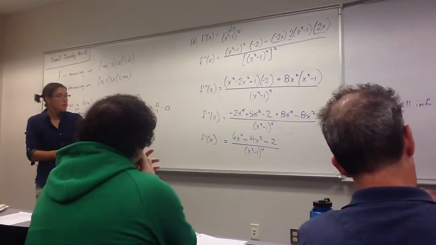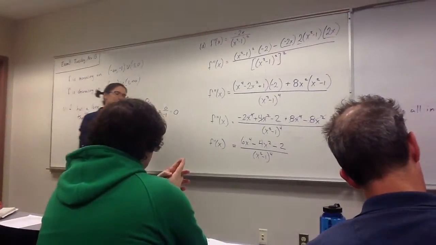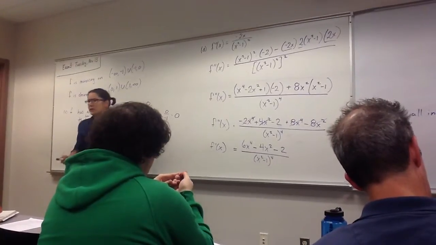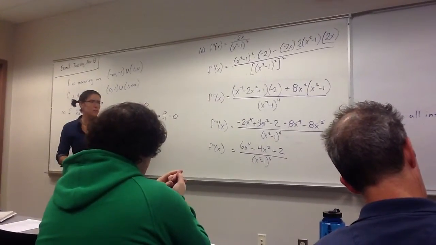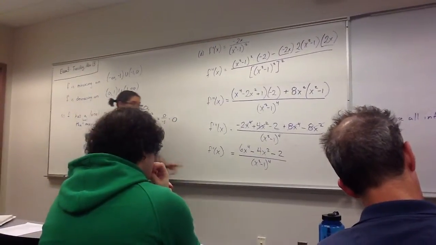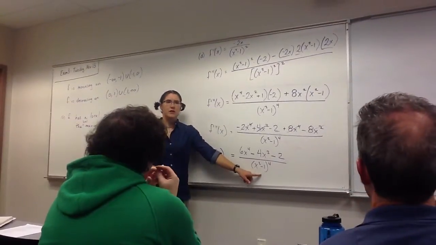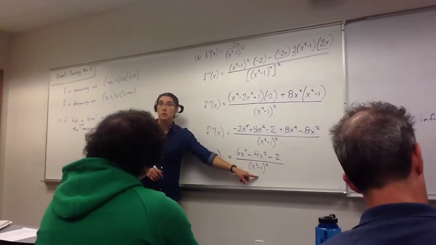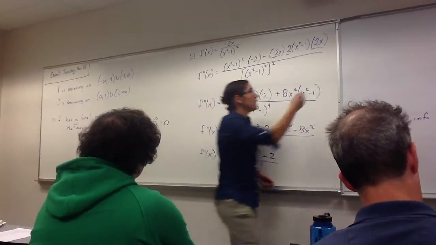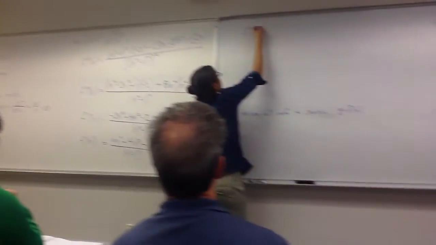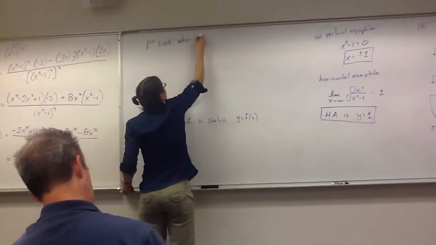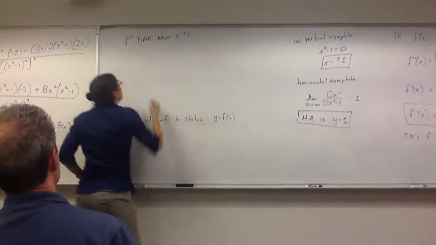Okay, so we want to look at this and say, okay, when is f double prime equal to 0? And possibly are there places where f double prime does not exist? And so f double prime does not exist when our denominator is equal to 0, and so that's when x is equal to plus or minus 1. So f double prime does not exist when x is equal to plus or minus 1.